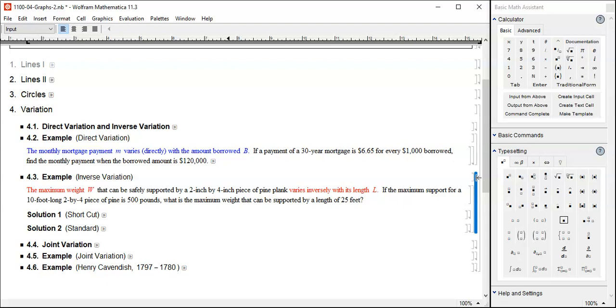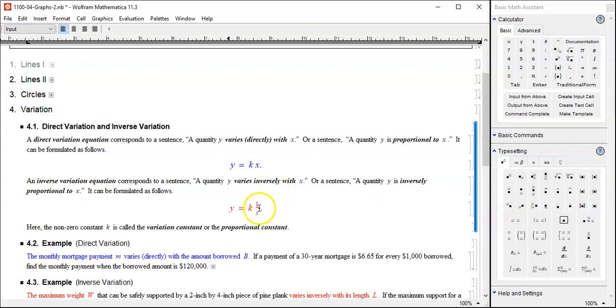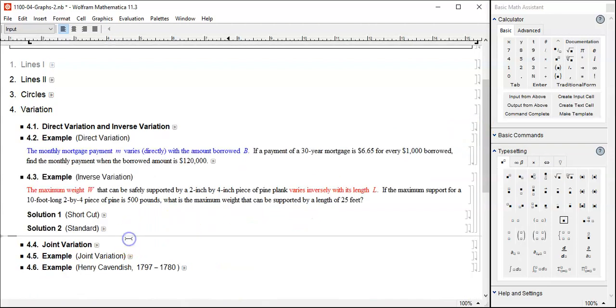Okay, here's another problem. This time inverse variation. So where do we begin? Step 1 is the variation equation, and the variation equation looks like this. Inverse problem. So here we go.